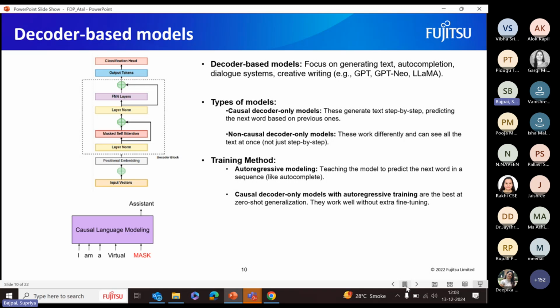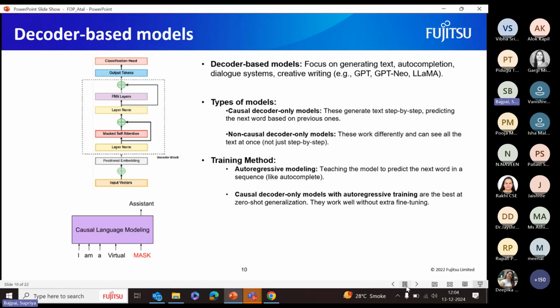All these tasks are done by decoder based models. Models like GPT, Neo, and Llama are examples of this architecture. Their main job is to take some input or prompt and generate the relevant text as output, one word or one token at a time.